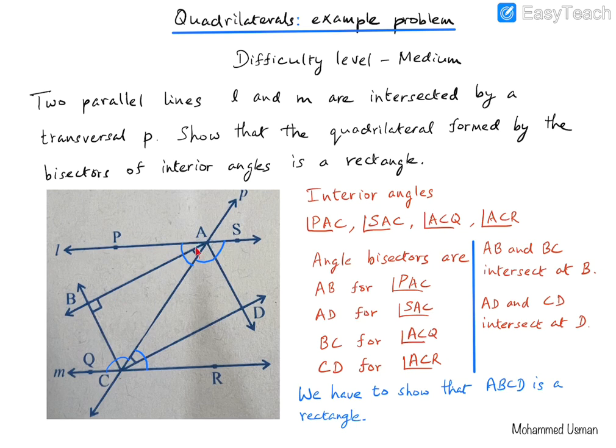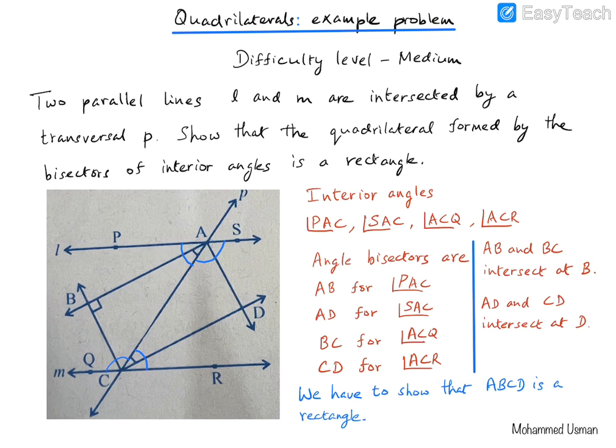That's the first step we will do. We will prove the line AB is parallel to the line DC. In the second step, we will prove that the line BC is parallel to the line AD. Once we have proven these two steps, we would have proven that the quadrilateral ABCD is a parallelogram.